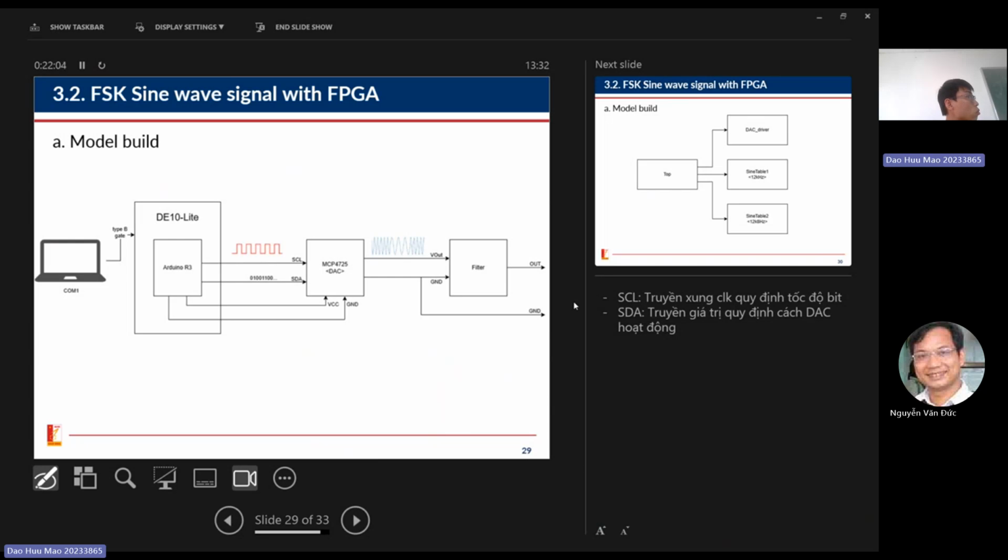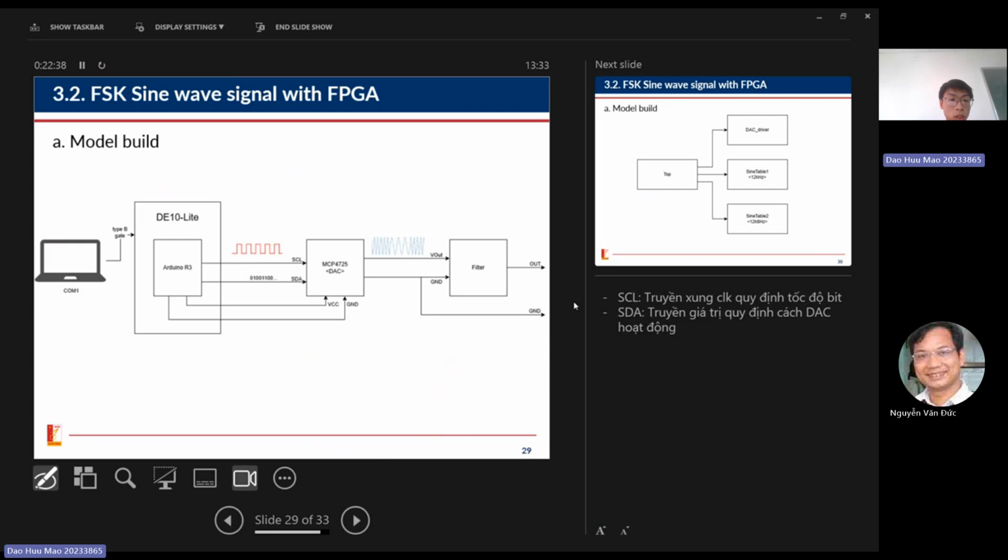In the overview of the system architecture, I understand that this block is for the main function of the FSK modulation. And I understand that the board is not able to create the analog signal.